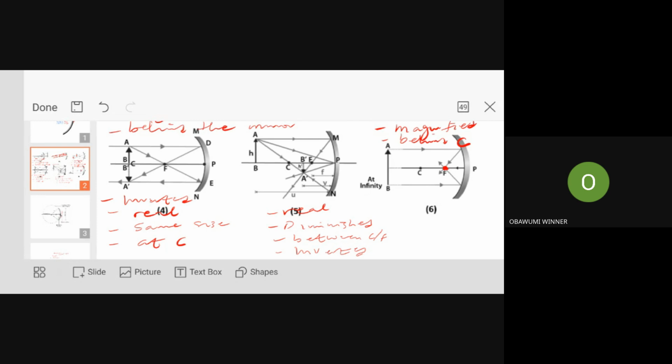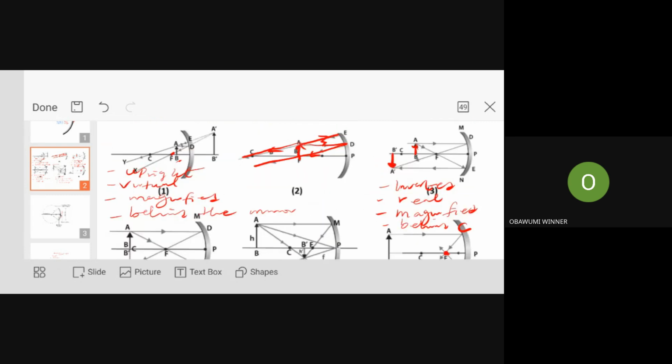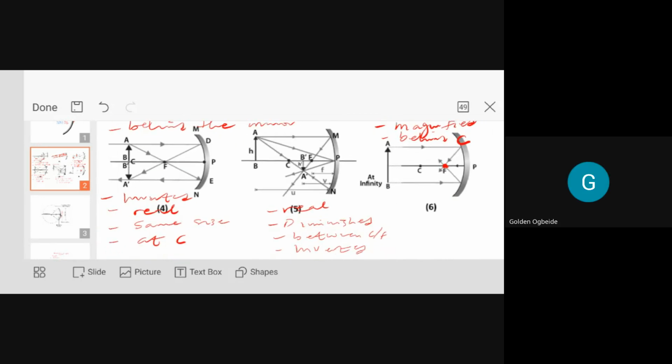Remember, when the object is kept at the focal point, the image formed, which is diagram 2, will be formed at infinity. And now, if I keep the object at infinity, the image will be formed exactly at the focal point. And that's what this sixth diagram here is talking about.